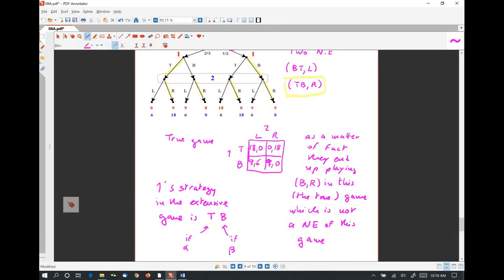Both the game that is associated with state alpha and the game that is associated with state beta. So player 2 has to ask herself, what would player 1 want to do in this game associated with state alpha, and what would player 1 want to do in the other game? So the strategy of player 1 plays a double role: it tells us what player 1 actually does, and part of it tells us what player 2 thinks player 1 would do.